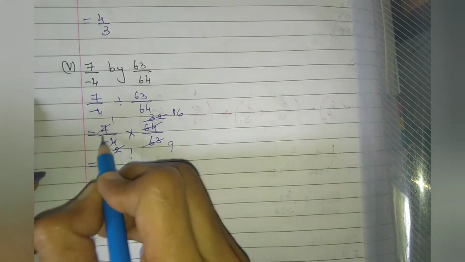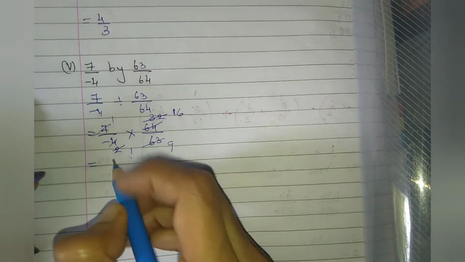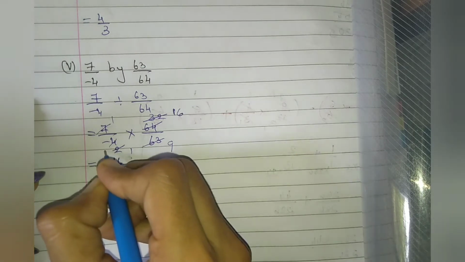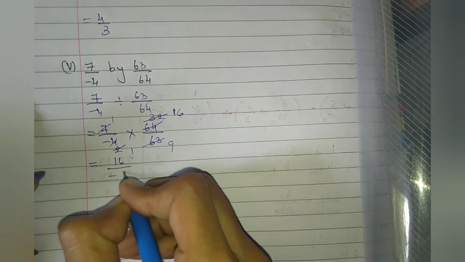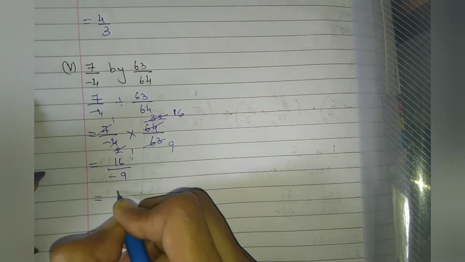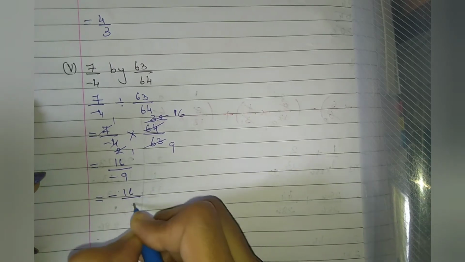Now 1 into 16 is 16, and minus 1 into 9 is minus 9. So the answer is minus 16 upon 9.